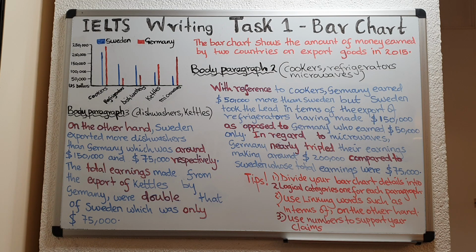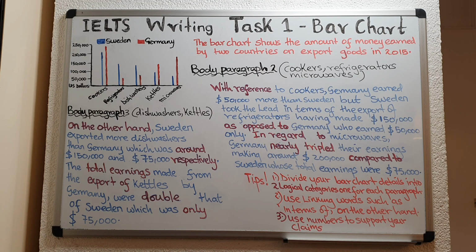So the total earnings made from the export of kettles by Germany were double that of, twice as much as, that of Sweden, which was only, I'm using the word only here because it is a very small amount compared to how much Germany actually made.